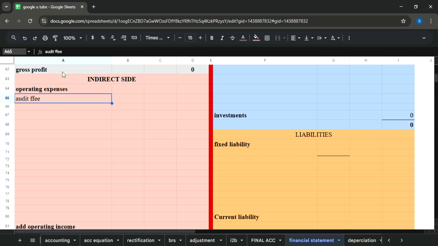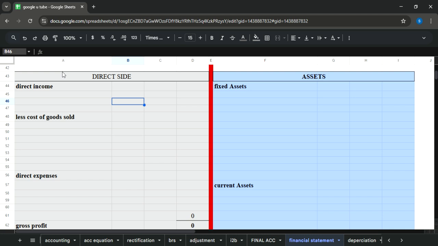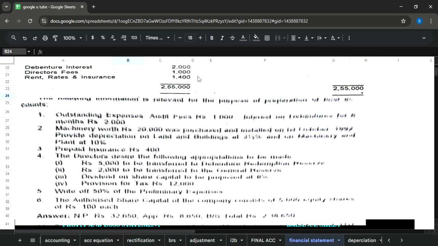and after that let's correct audit fee, and you will add if there is any outstanding. Here we will be recording outstanding expense, and the amount of outstanding fee is 1000 present over here.